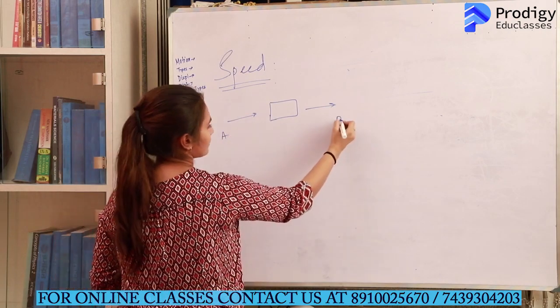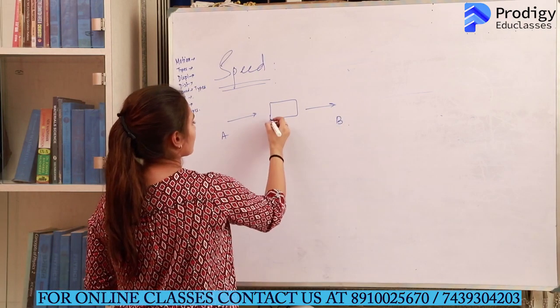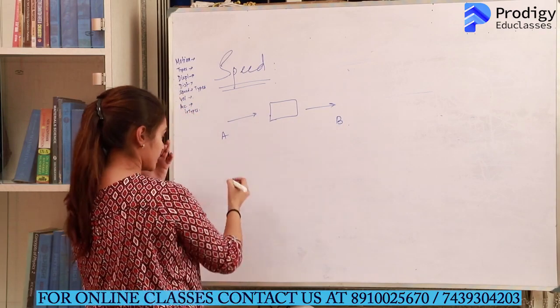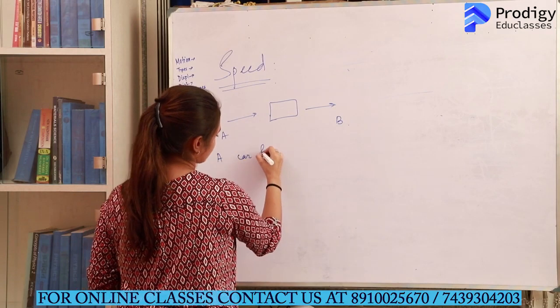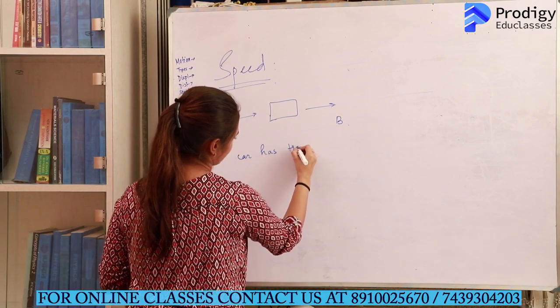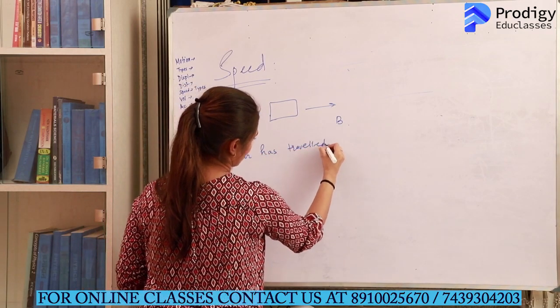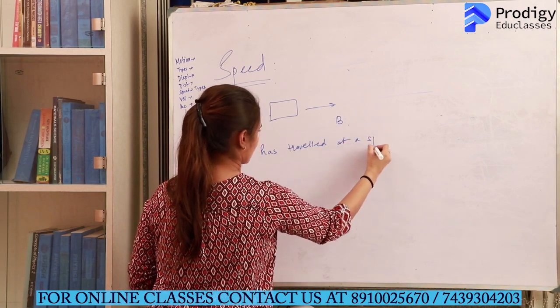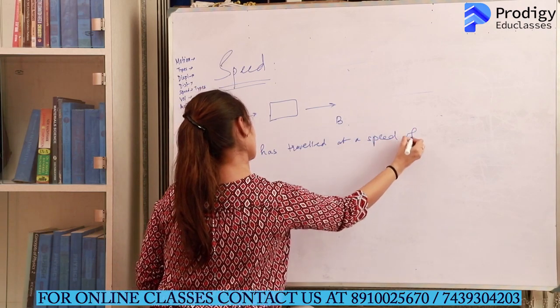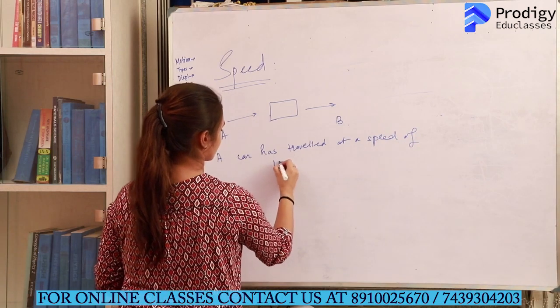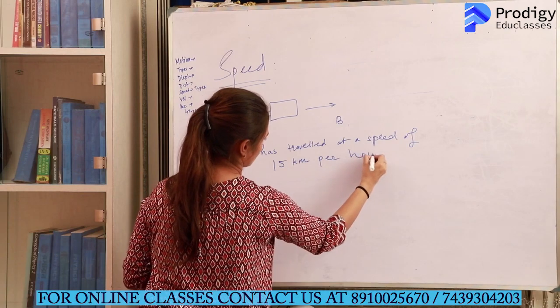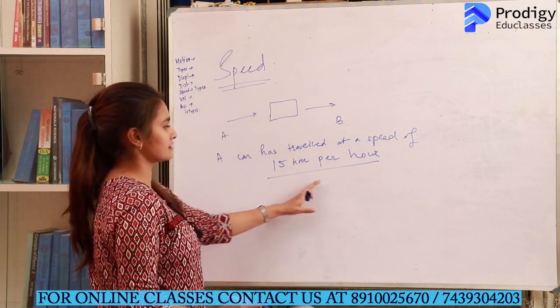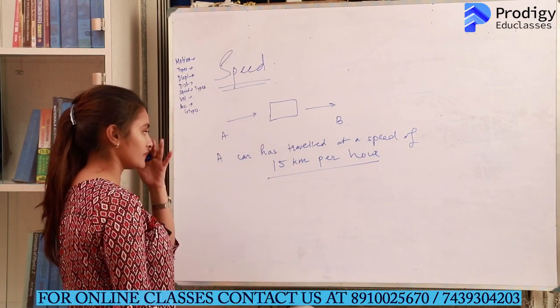Suppose the car has travelled from point A to B. You will always come across certain sentences that a car has travelled or a car is travelling at a speed of 15 km per hour. Now, what do these sentences or these words even mean?